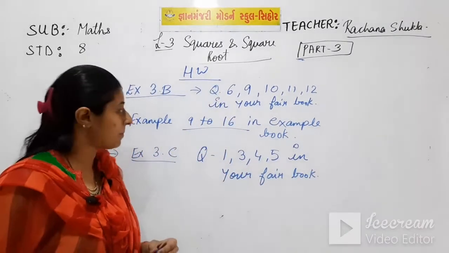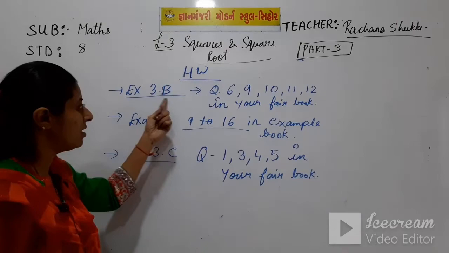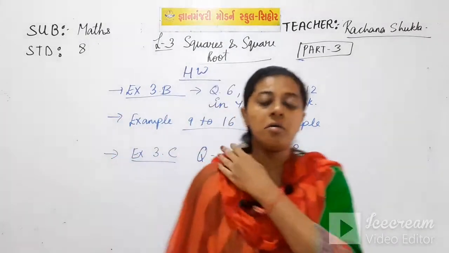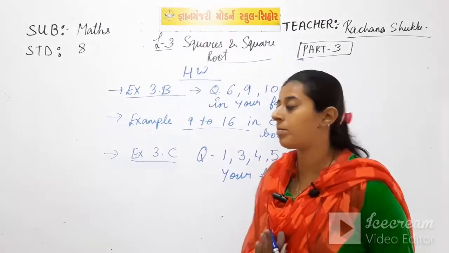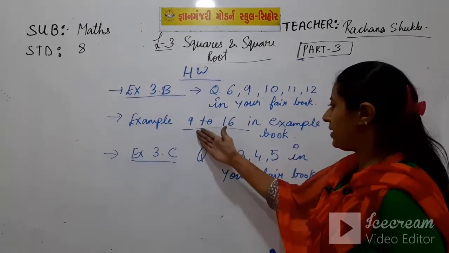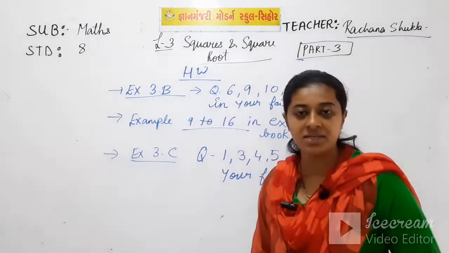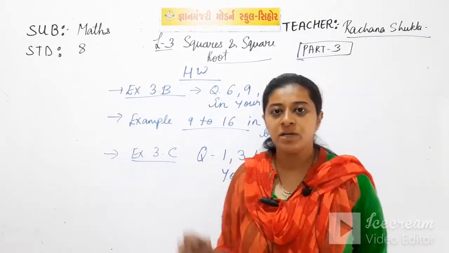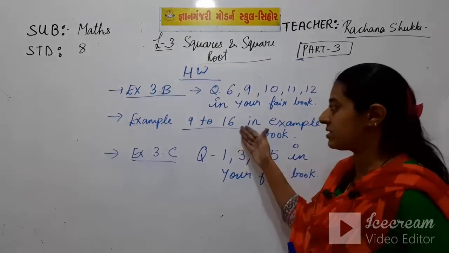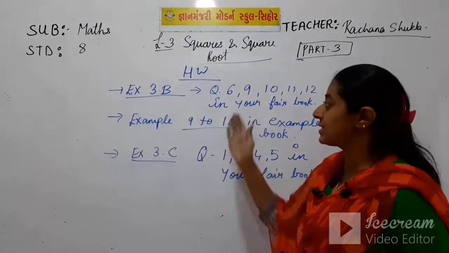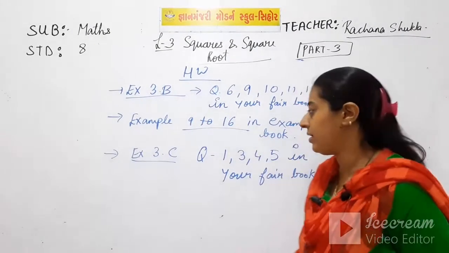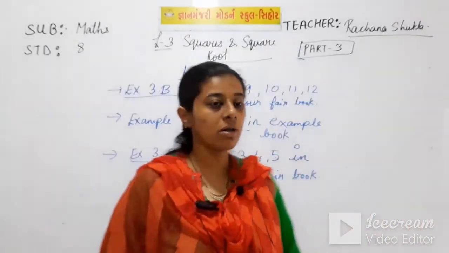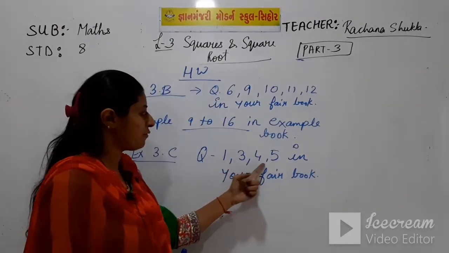Please note it down properly. You have to do exercise 3B, question number 6, 9, 10, 11, 12, which I have already taught you in this session on the board. Then examples 9 to 16, we have already discussed all the examples on the board in this session itself. So please copy all the examples in your example book, the exercise sums in your fair book, and last exercise 3C, from which you will solve question number 1, 3, 4, 5.